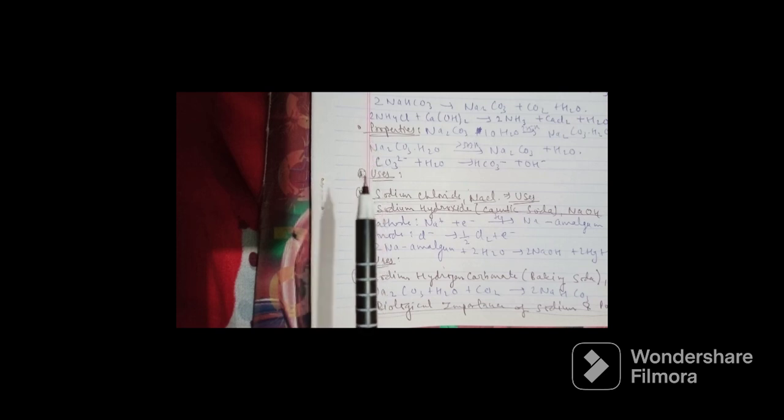As a typical example, in blood plasma the sodium is present to the extent of 143 mmol per liter, whereas the potassium level is only 5 mmol per liter.